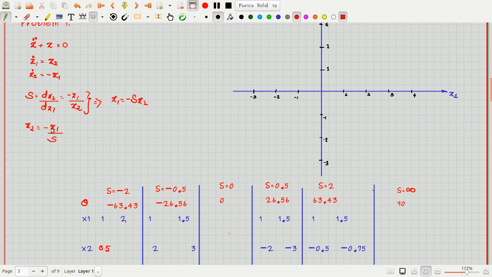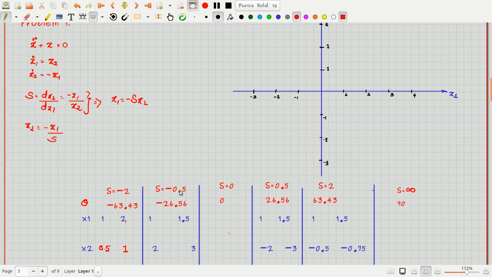Now, when x1 is equal to 2 and s is equal to minus 2, x2 is equal to minus 2 by 2, which is minus 1, right? Okay, fine. So that means I got this point.